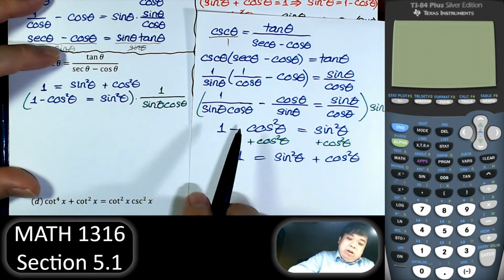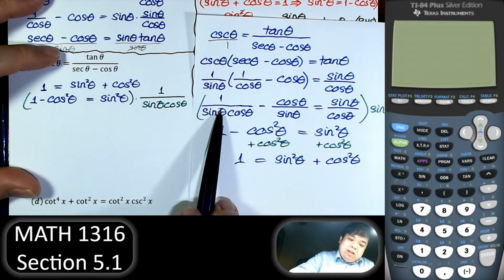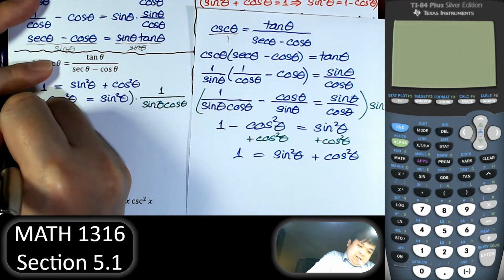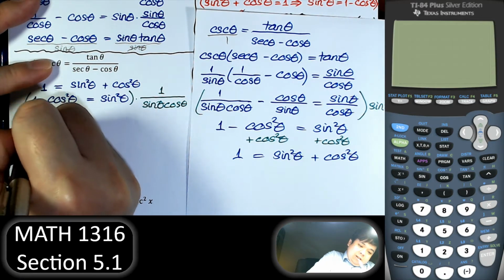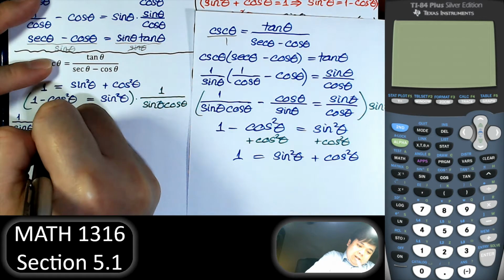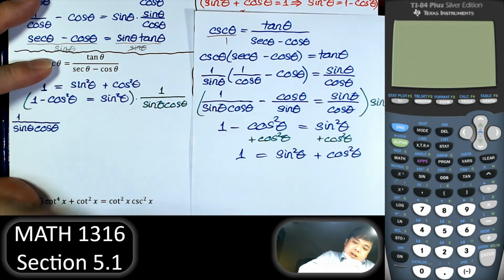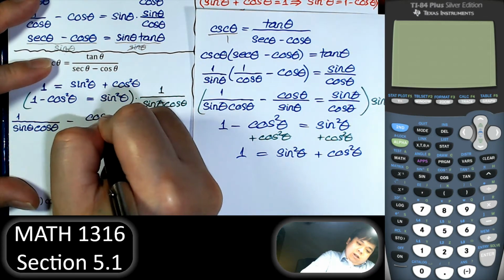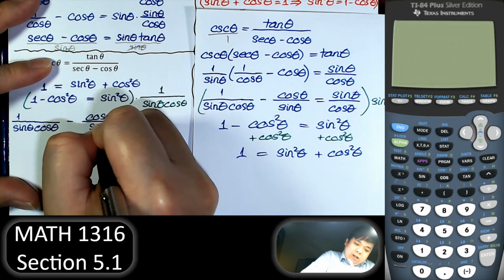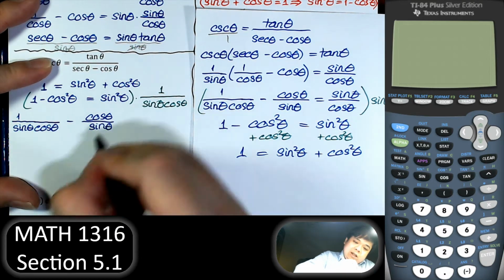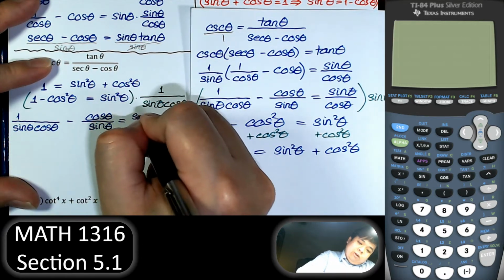So we write the problem in reverse. So when we do that, we should have this step: minus cosine over sine equal to sine over cosine.